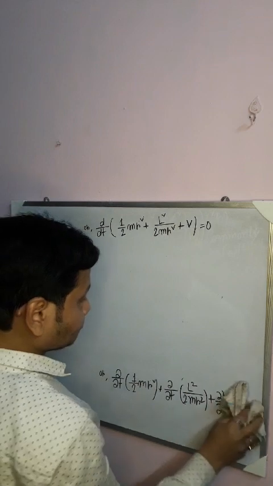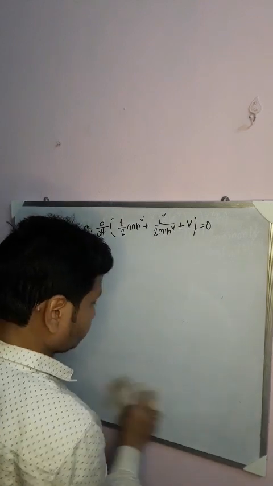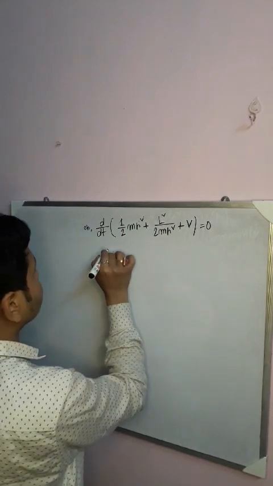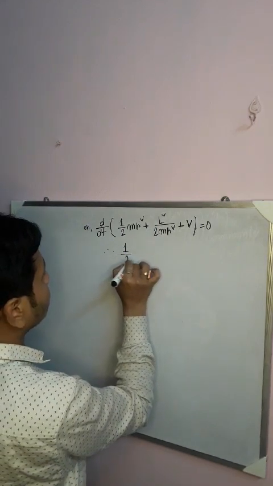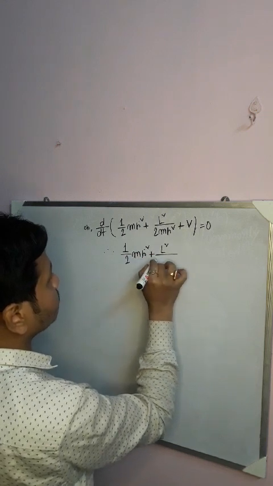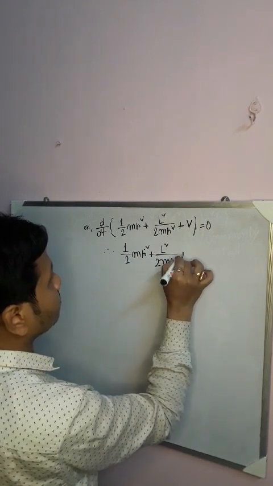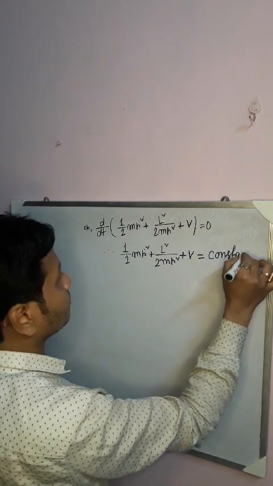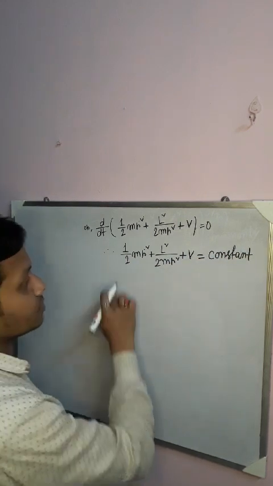So this term within the bracket is constant: half m r dot square plus L square by 2 m r square plus V is constant. So what does this term represent?